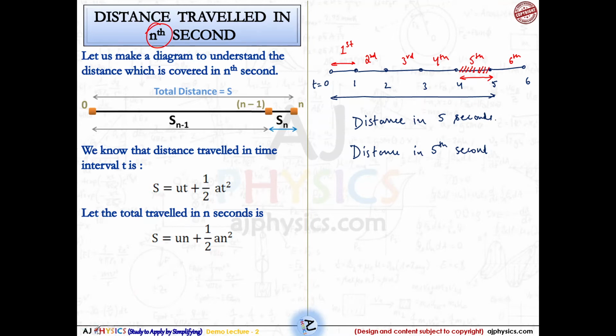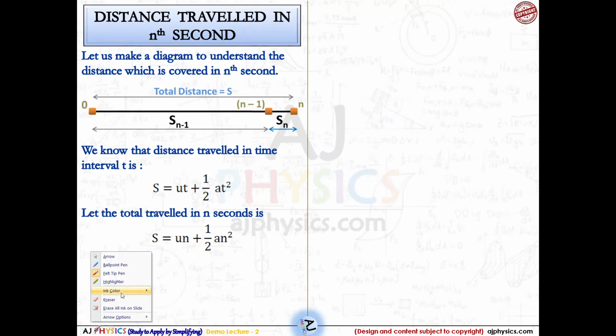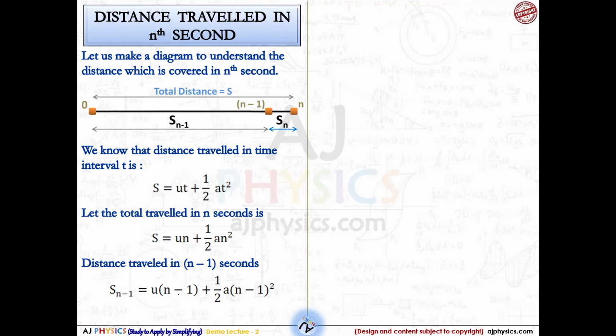So, we have the total distance covered in n seconds, which is s is equal to un plus half an square. And after that we have the distance covered in n minus 1 seconds, just 1 second before that. So we can substitute the value of time as n minus 1.